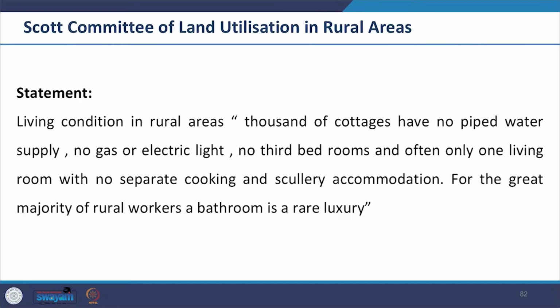So, you may also recollect that we really fancied and liked the countryside. We appreciated the rural life because of the green and the quality of life that was there in the urban area. We see here also the committee issued a statement which described the living conditions in the rural areas.